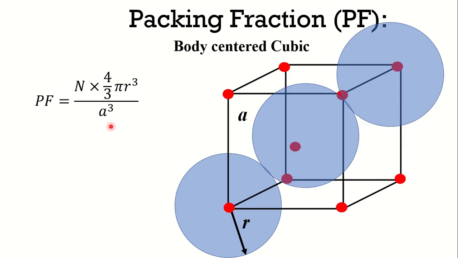Similarly, for a body centered cubic, as I have already discussed, the total number of lattice points is 2, so n equals 2. How are r and a related? Here I have r plus 2r plus r, so 4r equals the body diagonal, which is a root 3. So 4r is equal to a root 3.